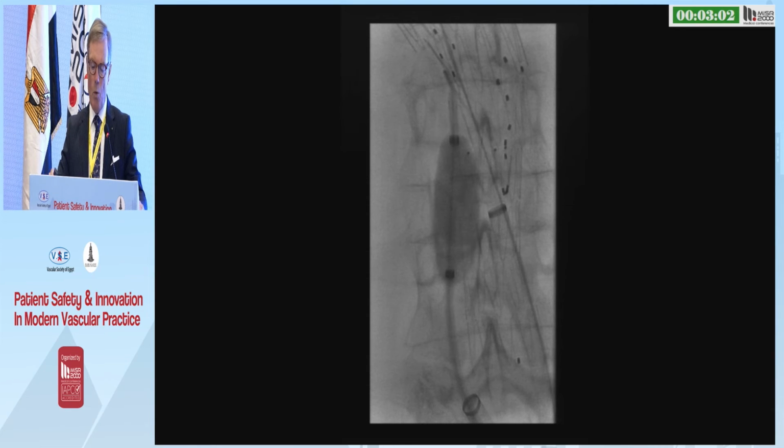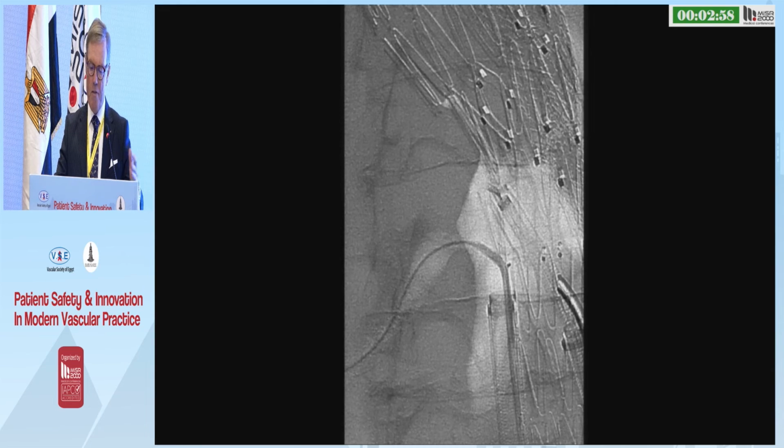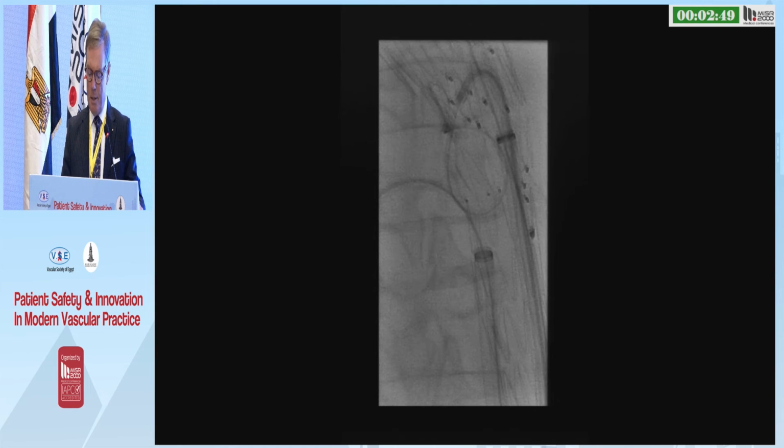Then we said, why don't we try to mobilize the stent graft away from the wall, from the outside? And then we did that, and it was possible to cannulate the right renal artery.